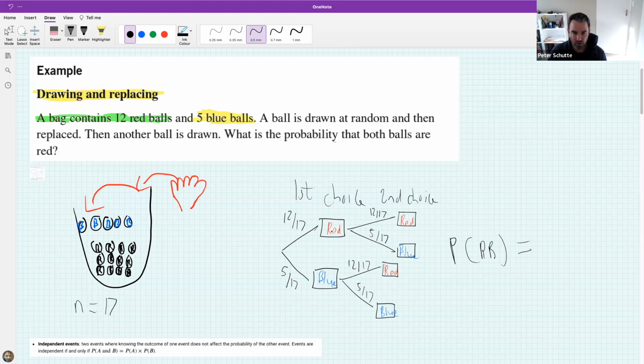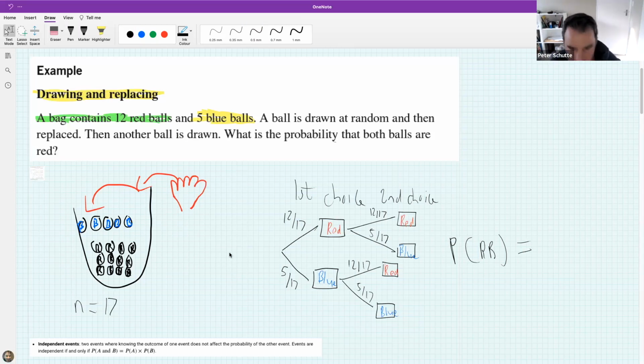The tree shows you red-red, red-blue, blue-red, blue-blue. But they're not equally likely. The reds are far more likely to happen than the blues. And so we can't just say there's a 1 in 4 chance. What do we need to do to figure out the probability that both balls we draw are red?